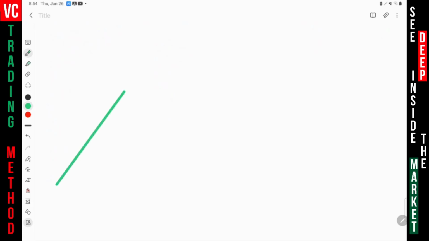This is the up move here. In this move, price moved from point A to point B, for example $10.